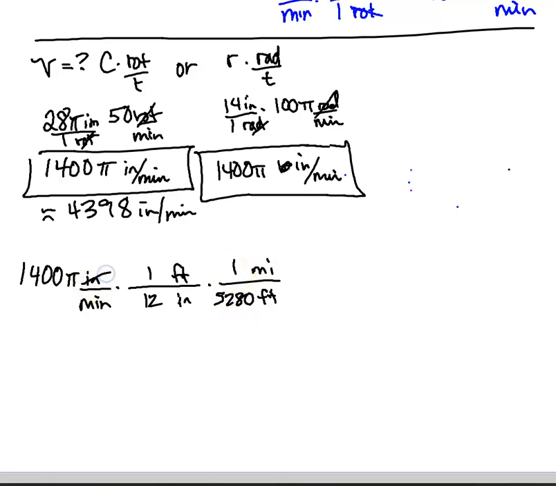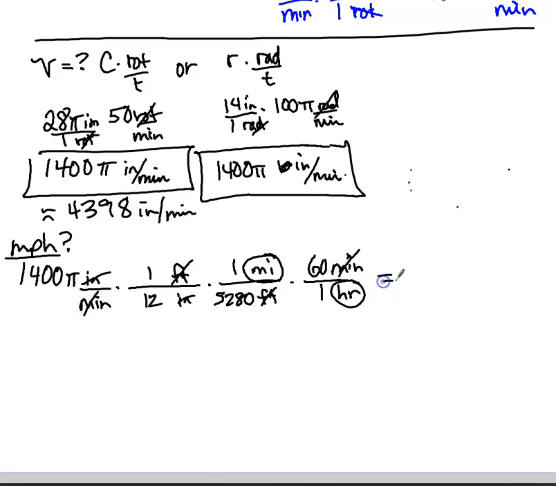So my inches would cancel, my feet would cancel, and I'd be in miles. Perfect. But now I want per hour, and I'm in per min. So all I have to do is cancel the mins. The mins are on the bottom, so I'll cancel on the top, and I want to go to per hour. So how many minutes are in an hour? 60 to 1. Boom, boom.